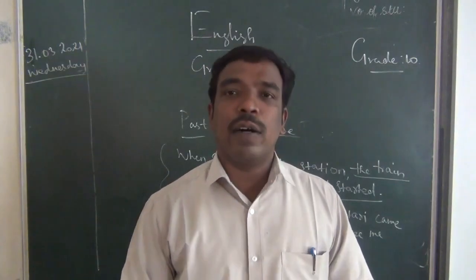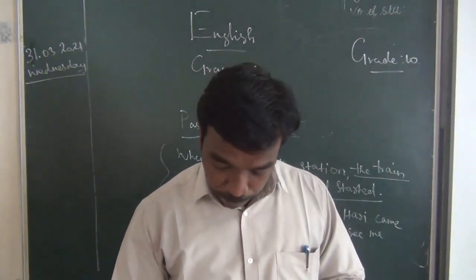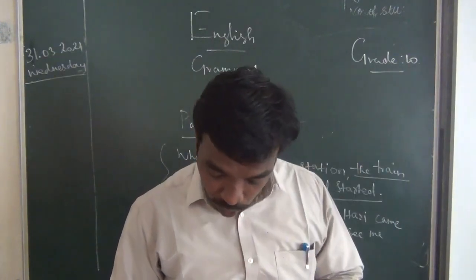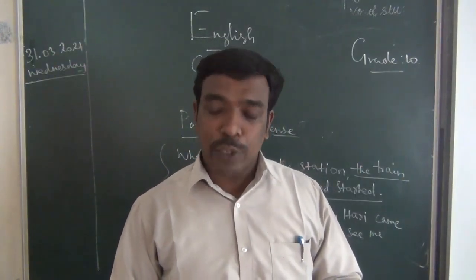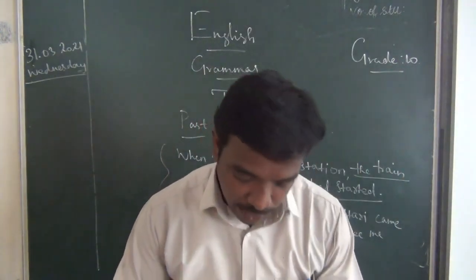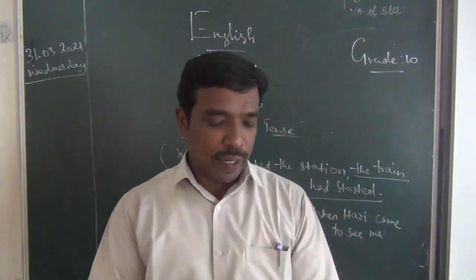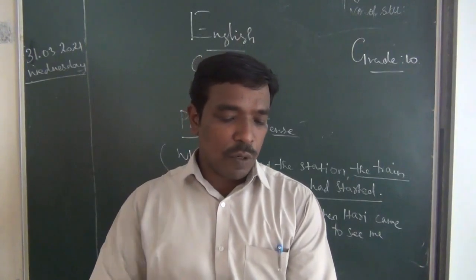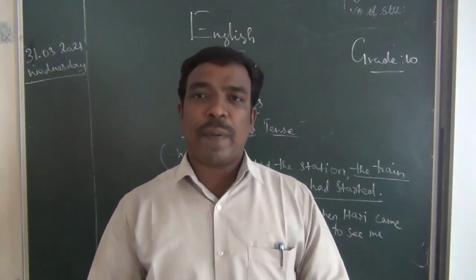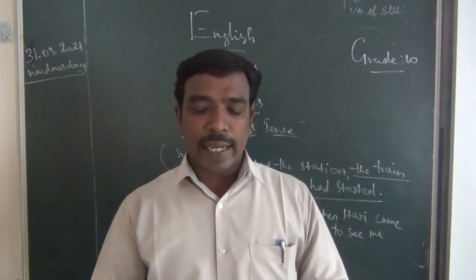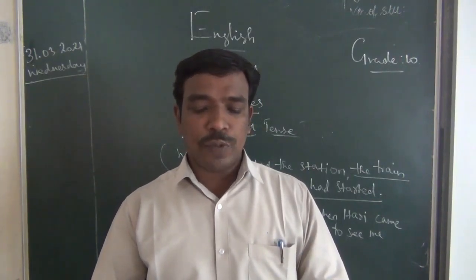All of you take the textbook page number 79. We will see the uses of past tense, what is given in the textbook. Simple past tense, page number 78: it is used to indicate an action that was completed in the past.